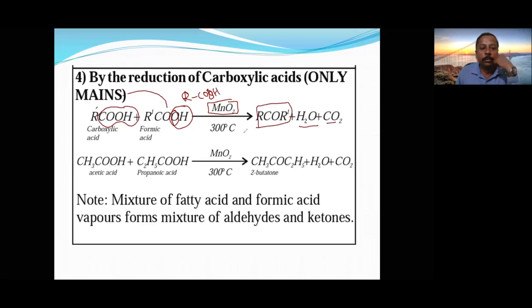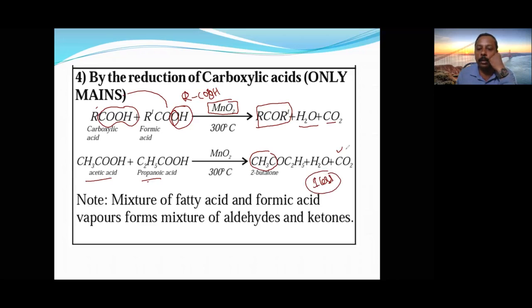Is that clear? So for example, if I use acetic acid and propanoic acid, then one side acetic acid 2 carbon, another side 3 carbon. Here always you should remember 1 carbon less, because 1 carbon is removed as what?